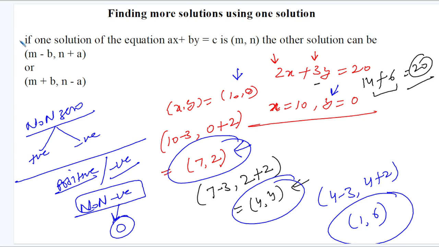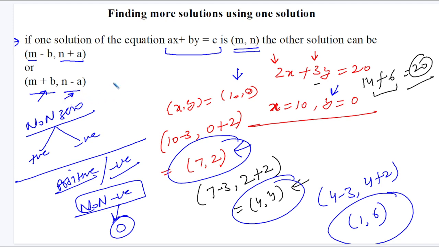All right, so this is what we have written. If one solution of the equation is m comma n, then the next solution you can obtain by subtracting the coefficient of y from the value of x and adding the coefficient of x to the value of y, or the reverse. You can add the coefficient of y to the value of x and subtract the coefficient of x from the value of y.